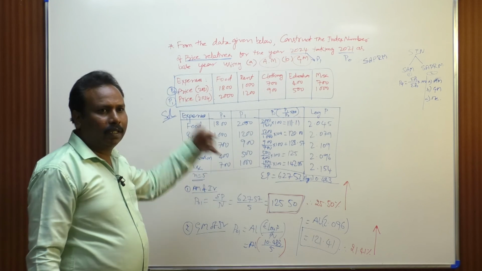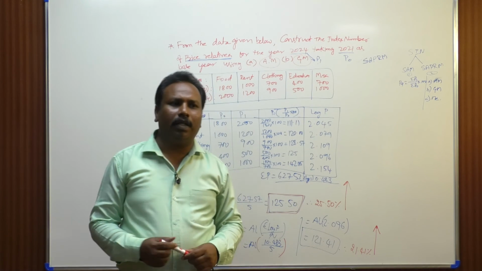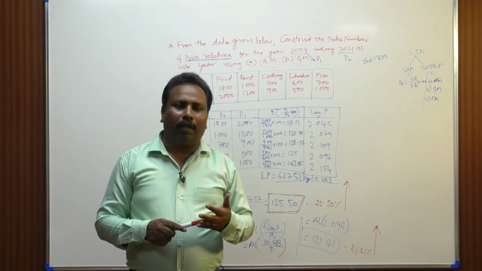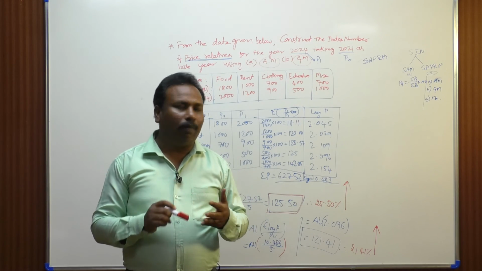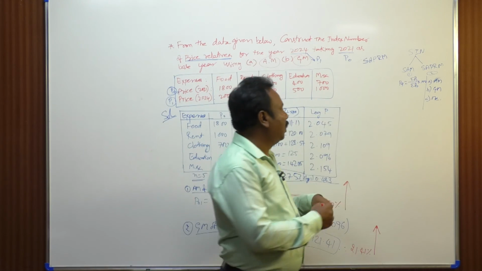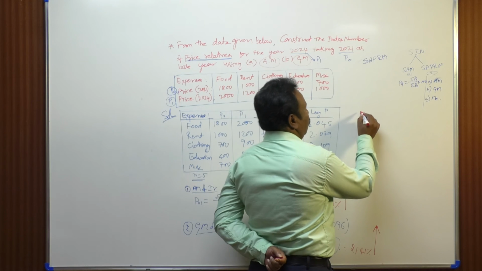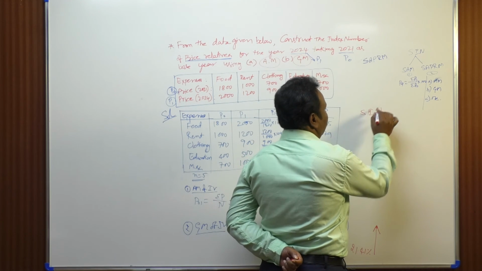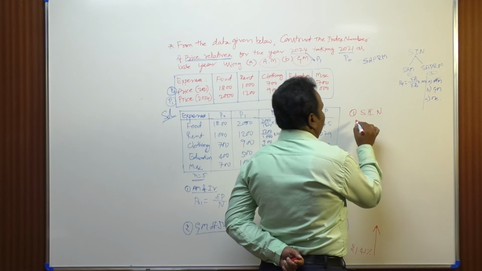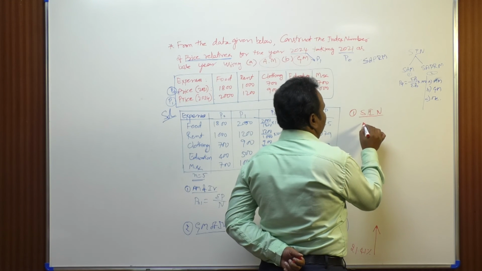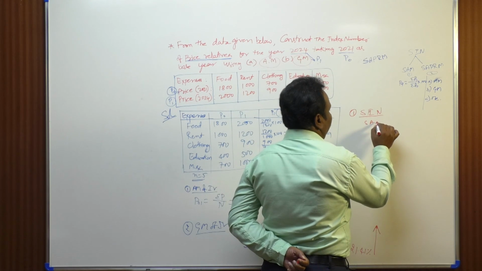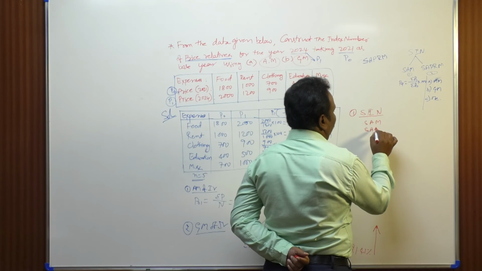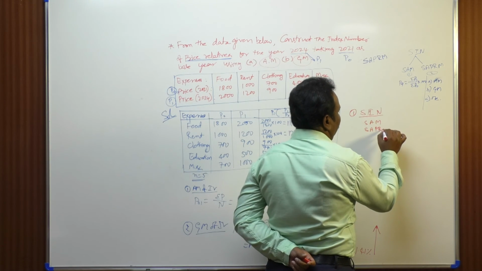Now, we will discuss another two important methods, called the weighted index method. In the index number, there are two important methods. Number 1 is the simple index number, under which there are two methods: the simple aggregate method and the simple average price relatives method.